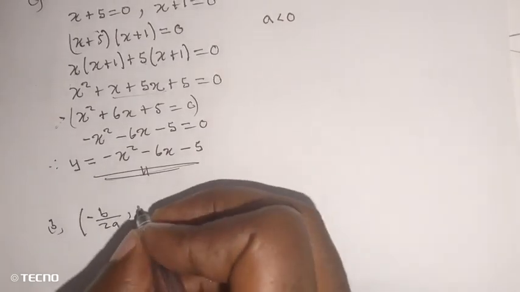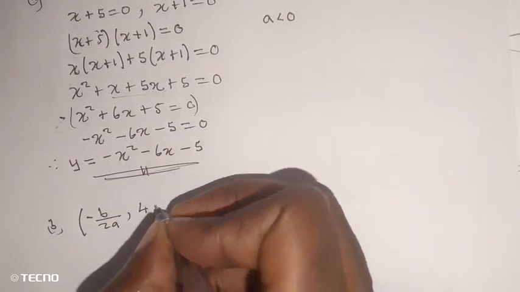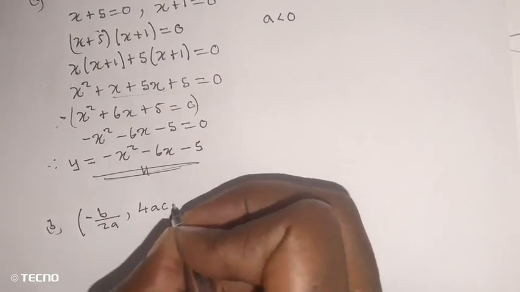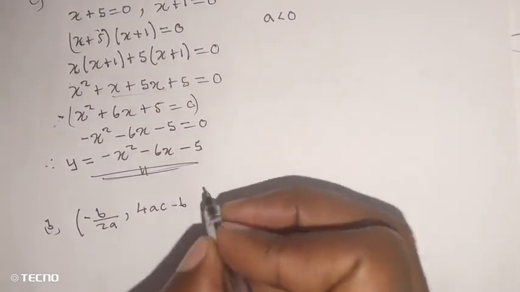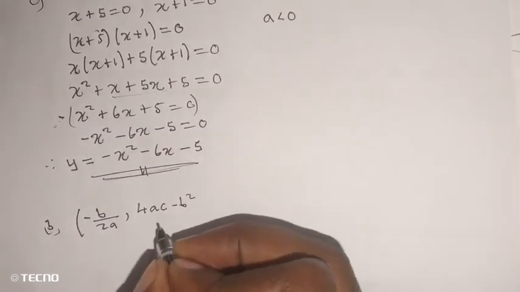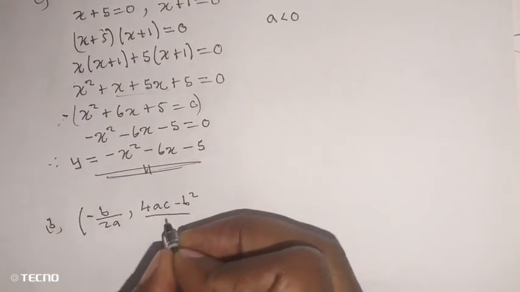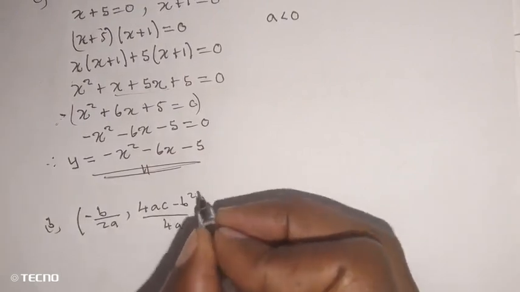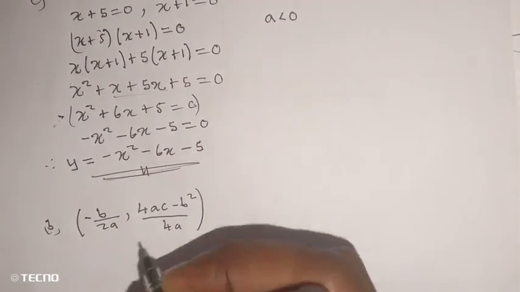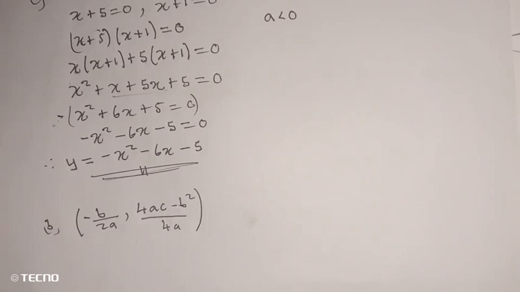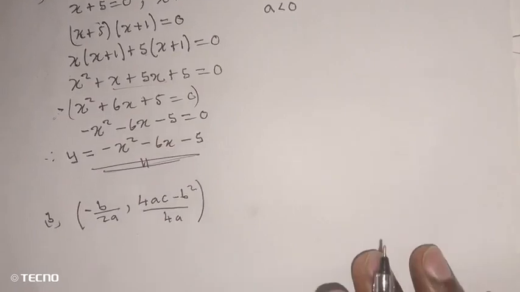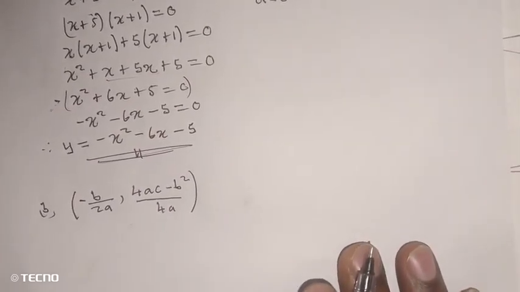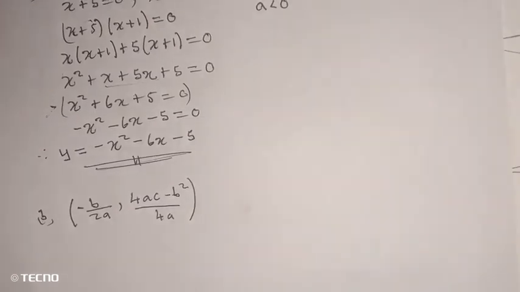For y, it's 4ac minus b squared, then over 4a. This is the formula for the turning points. Remember, turning points are coordinates.